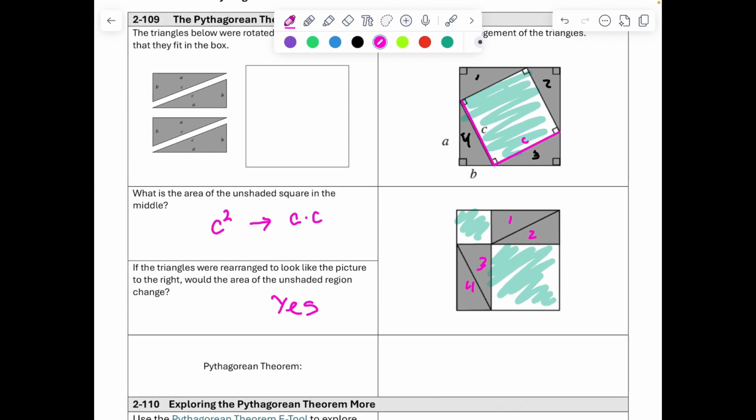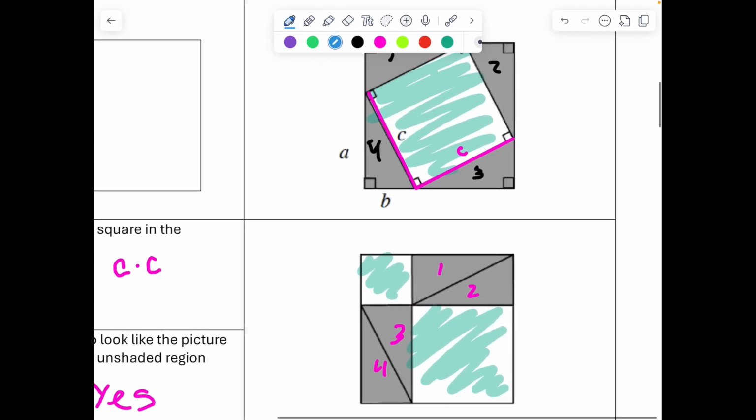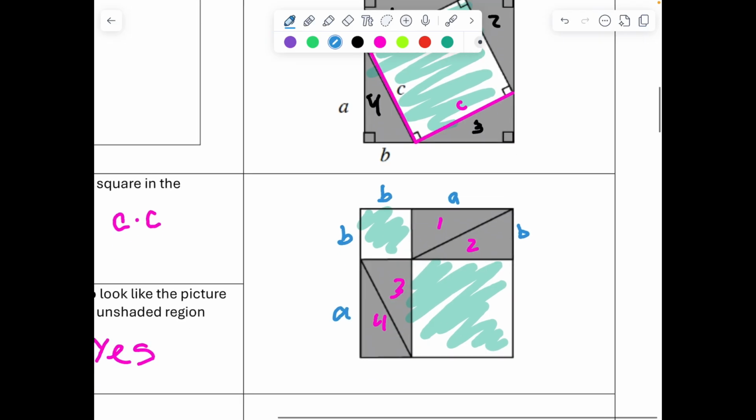So here is the Pythagorean theorem, okay? If we looked at the original sides, the shorter sides are A and B. I'm sorry, this is A and A, and this is B and B, okay?